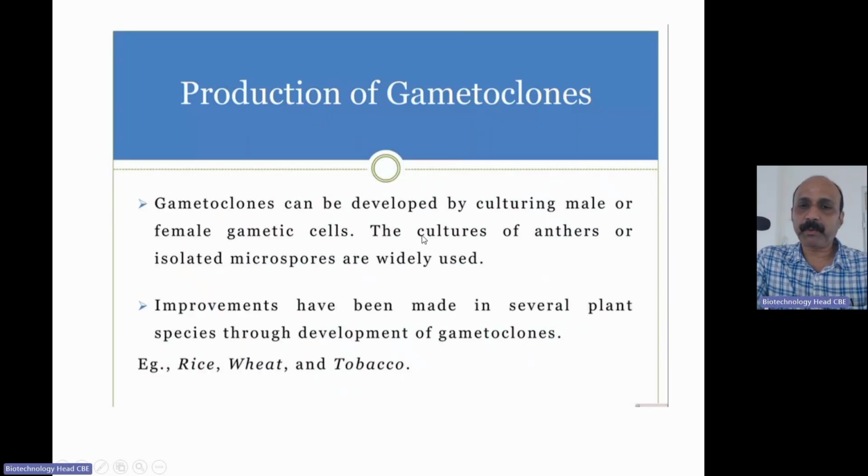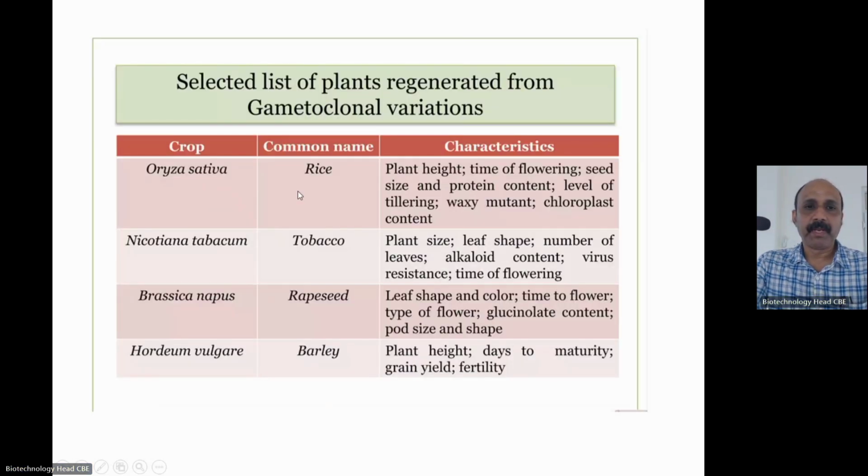The production of gametoclones is similar to what we get in the normal clones. Improvements have been made through gametoclones in rice, wheat, tobacco. Gametoclones obtained in rice or plantain show almost all of those characters we saw for somaclonal variants.